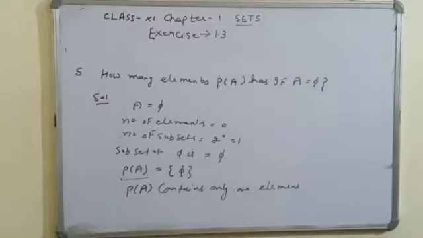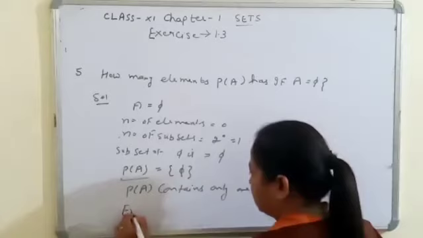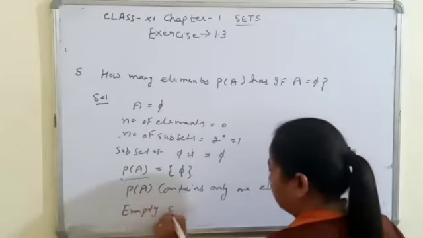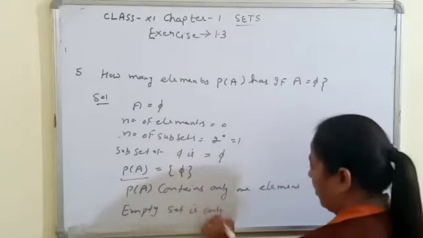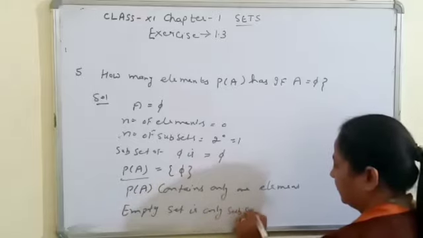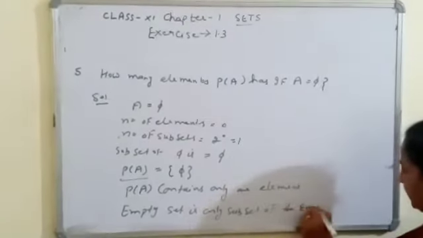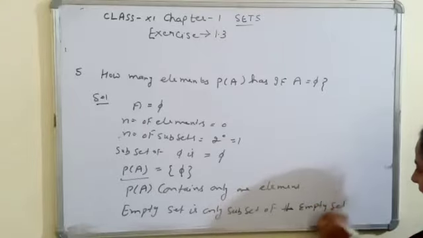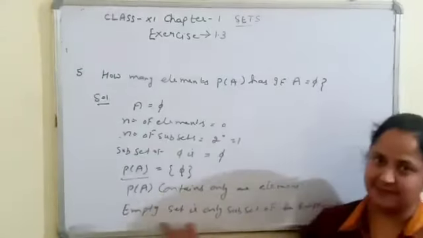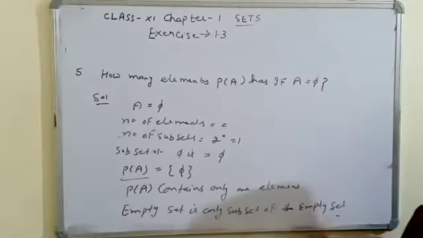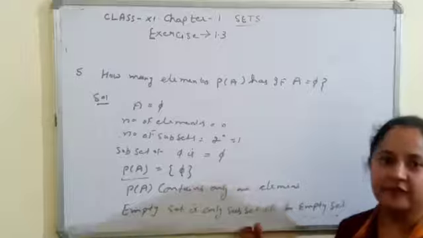The empty set is the only subset of the empty set. It means phi is the subset of phi itself. This was question 5.